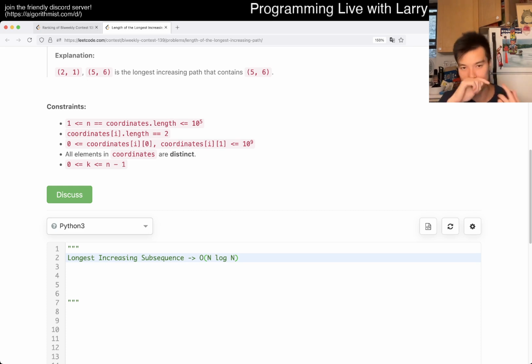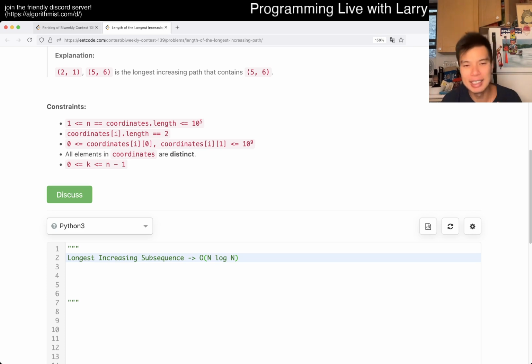Check out those videos, because the core part about this, and it's kind of tricky to explain in a concise way, is that there's a binary search. The idea is this greedy idea that, okay, you have a number, you want to find the longest path that you can add this number to.